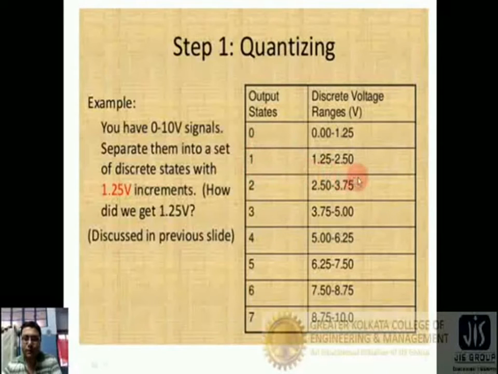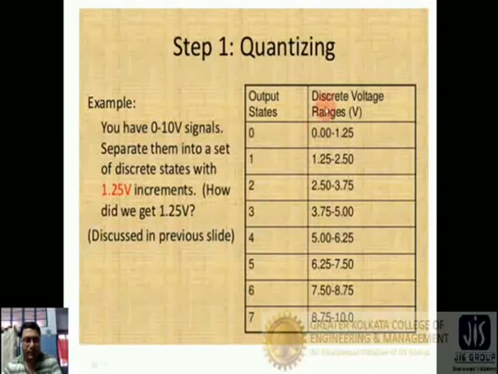And if the signal is in the maximum full swing range, that means from 8.75 to 10 volt, the signal is in state 7. In this way, we break the whole input into certain states. It is the process of quantization, and this is a very important process.